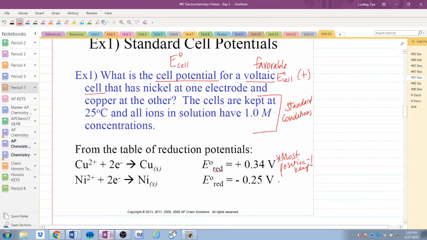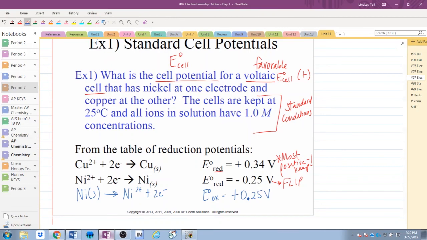But if I'm leaving that one alone, that means I'm going to have to flip this nickel reduction. The nickel ion is not going to reduce in this case. It is the solid nickel that is going to oxidize. And once I know that it's the solid nickel that's oxidizing, I can just flip the sign of that reduction potential to make it an oxidation potential. And now I can figure out the cell potential. Just adding the two together.